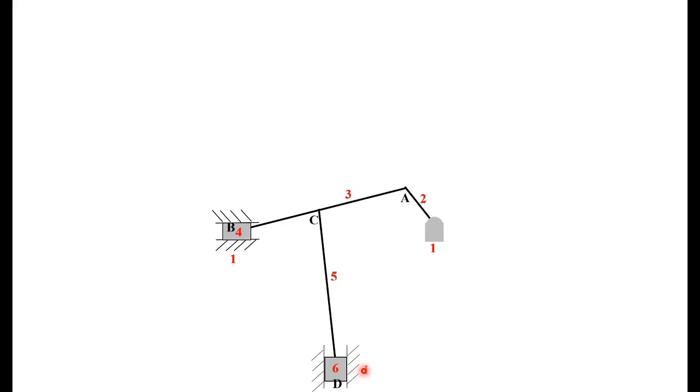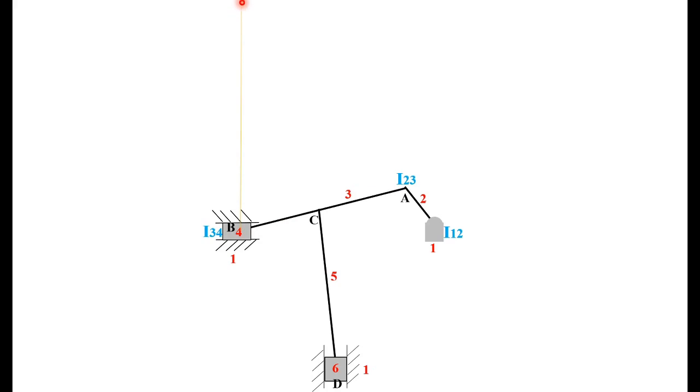Okay, so noted. Next you represent all the permanent and fixed centers. We know that 1 and 2 meet here, so it will be I12, a fixed center. Similarly I23, and I34, the joining point of the slider to AB, is I34. Then I14 is at infinity because this is a slider. So the arrow is here.